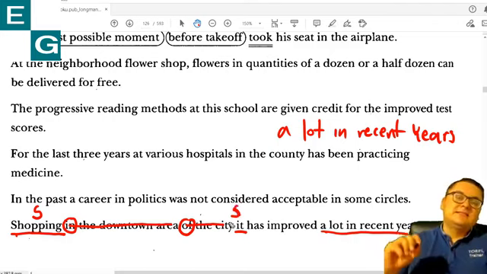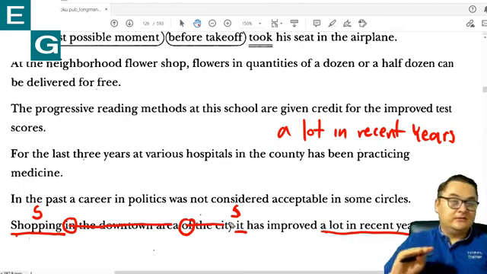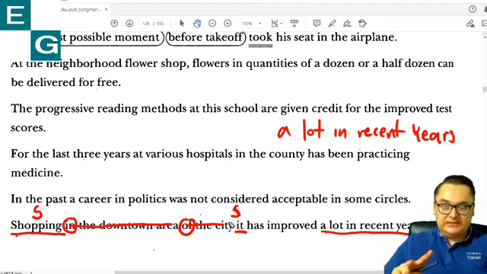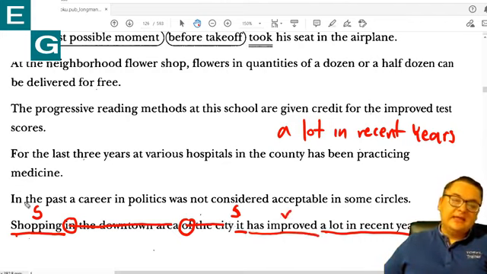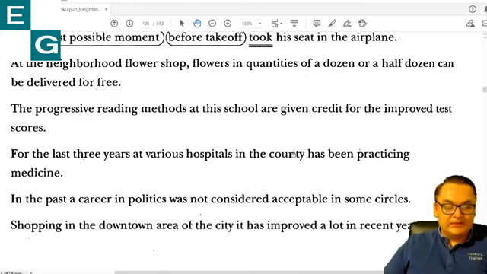Since one sentence can only have one subject, this sentence is incorrect because I have two subjects. I just need one. It says has improved. The verb is okay, but it has two subjects. It is incorrect.